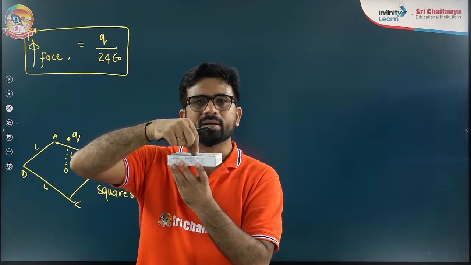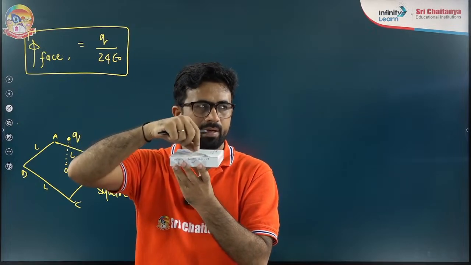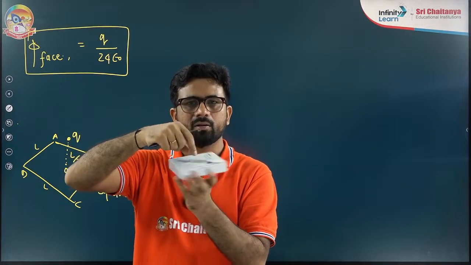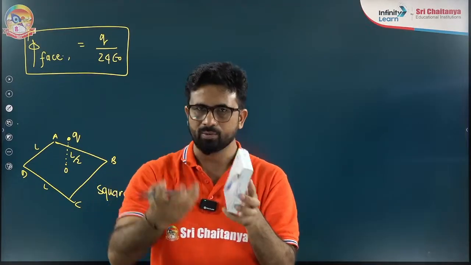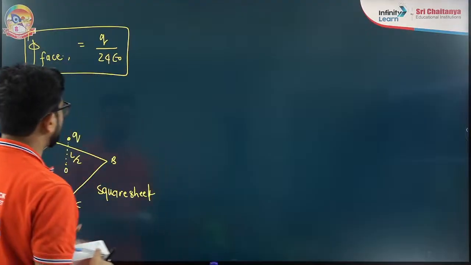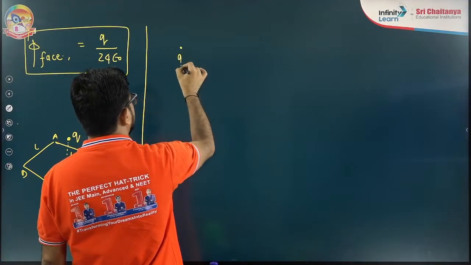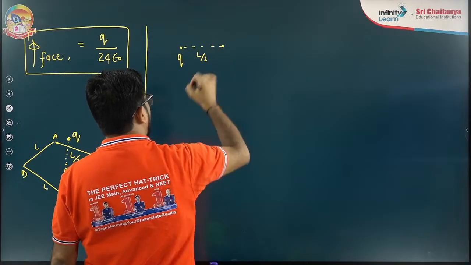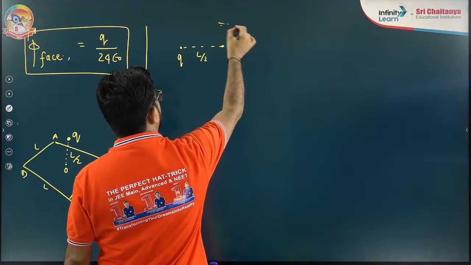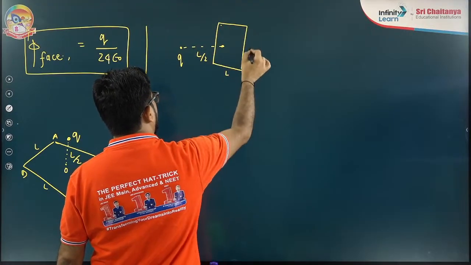From the center, at a height of L by 2, one charge is placed. I am saying again, from the center of this square at a distance of L by 2 one charge is placed. You can draw a picture like this. If you are not understanding, I can place the same question like this also. This is a charge Q at a distance of L by 2, where one square sheet is placed like this, with side L.